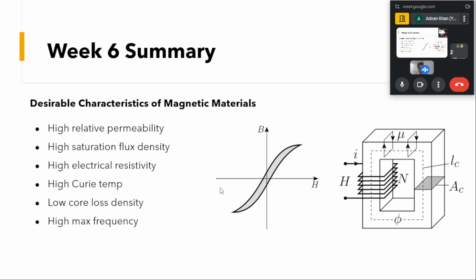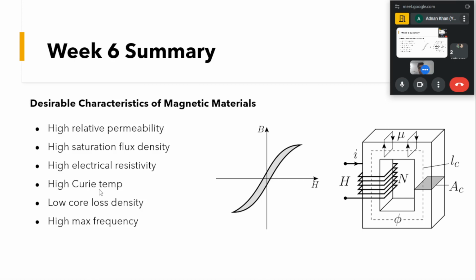Next, a high Curie temperature. The Curie temperature is the temperature after which this magnetic material ceases to behave as a magnetic material. So we want this Curie temperature to be as high as possible, because when operating this magnetic material there will be some rise in temperature, and that rise should not go higher than the Curie temperature, because at the Curie temperature the magnetic properties of the material will get affected.